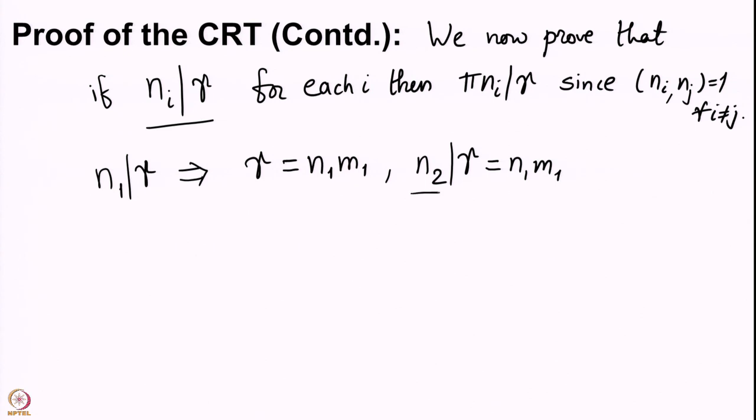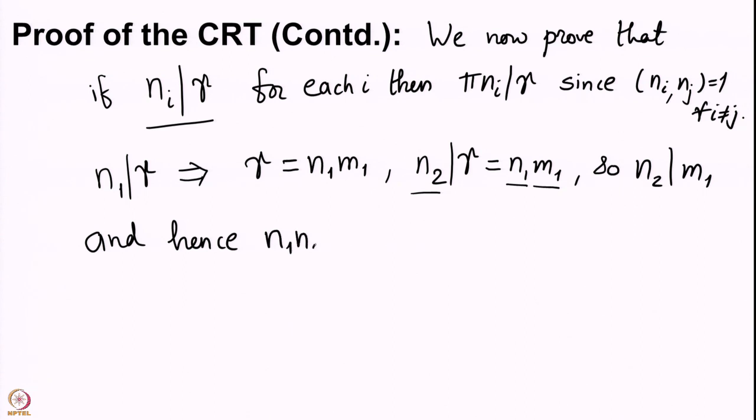Now each prime factor of N2 will have to divide M1 because N1 and N2 are pairwise co-prime. So all the prime factors of N2 will divide M1 with the same power. So N2 will divide M1 and hence the product N1 N2 divides gamma, and then by induction the proof follows.